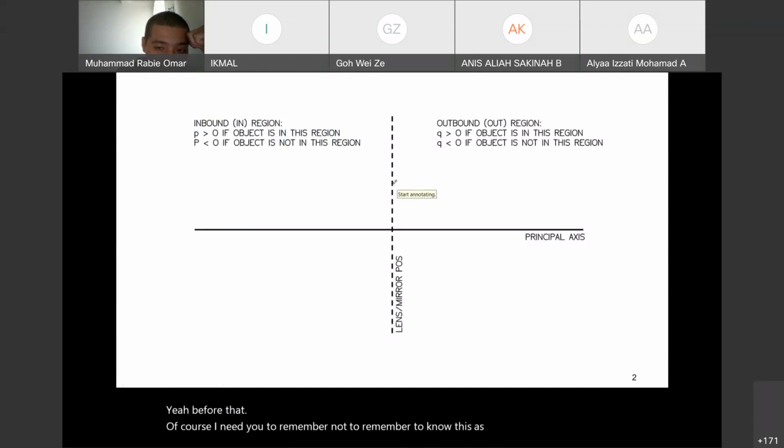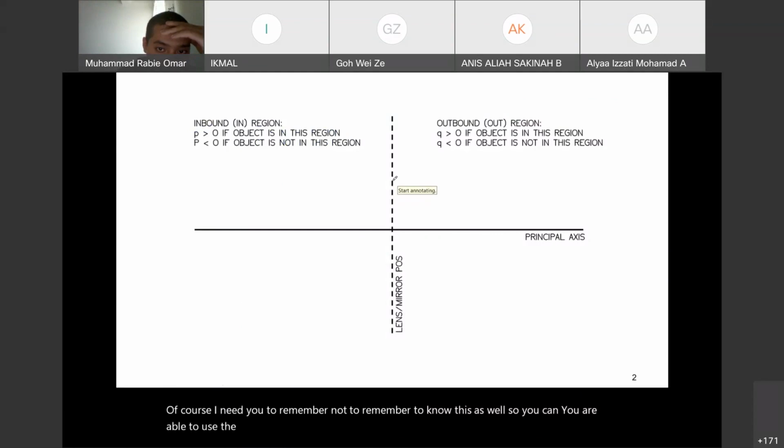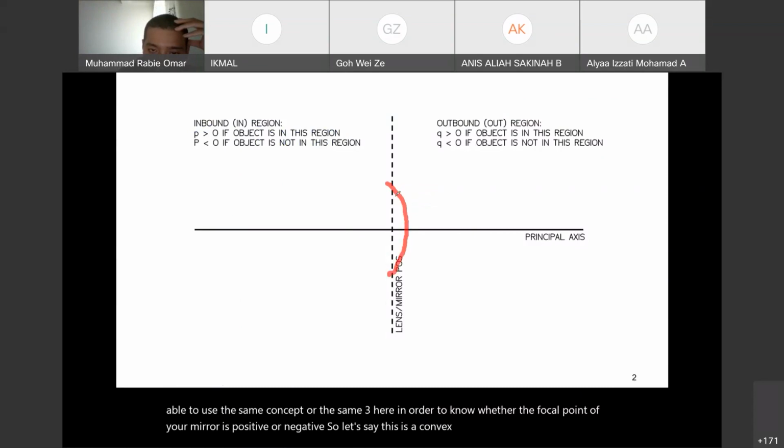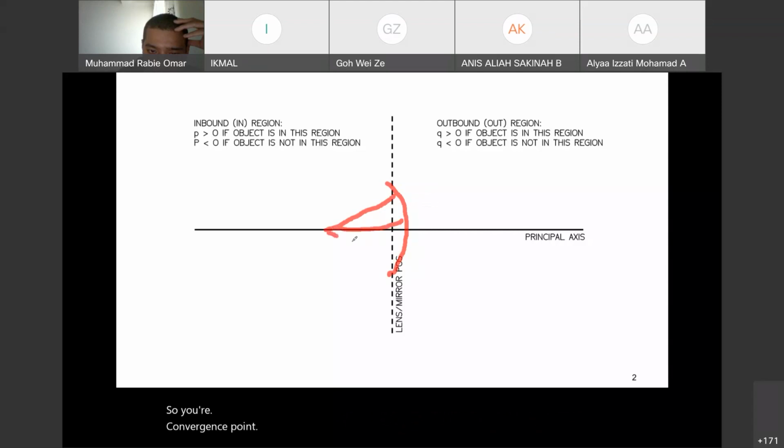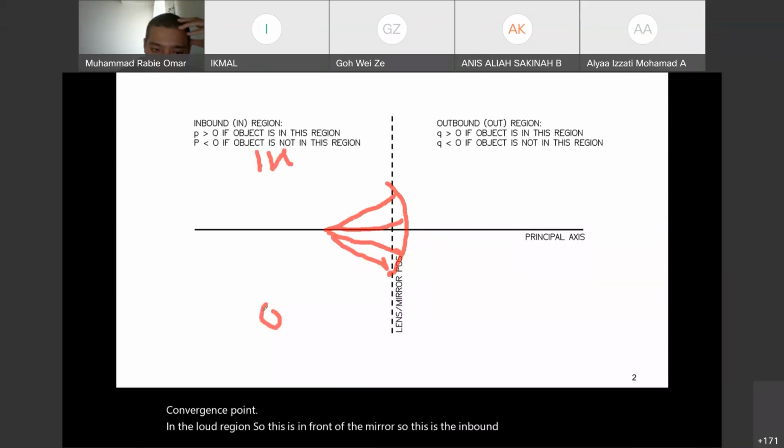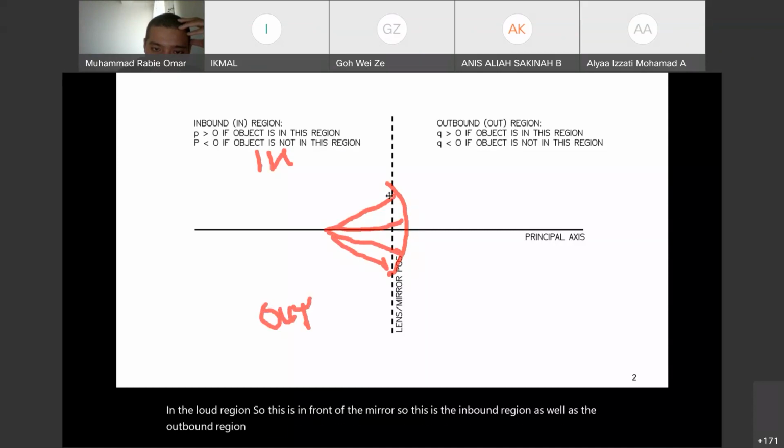So you are able to use the same concept or the same trick here in order to know whether the focal point of your mirror is positive or negative. So let's say this is a concave mirror. Your convergence point is in the allowed region. So this is in front of the mirror, which is the inbound region as well as the outbound region. Okay. So your rays are converging in the allowed region.